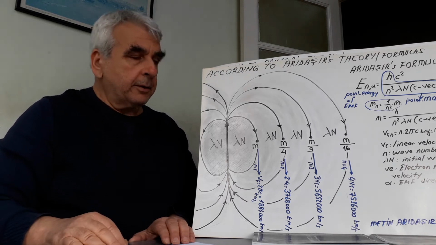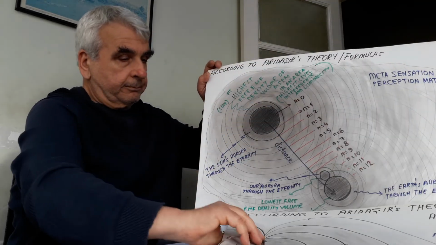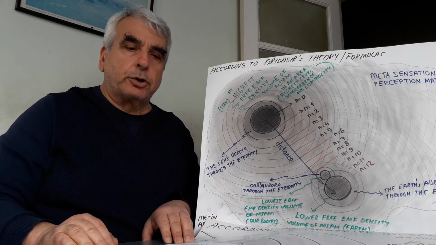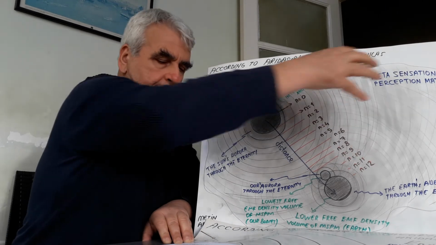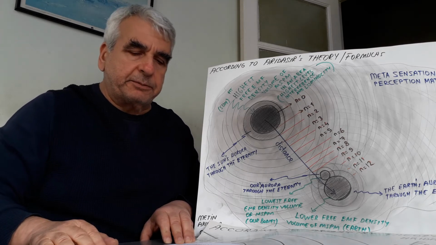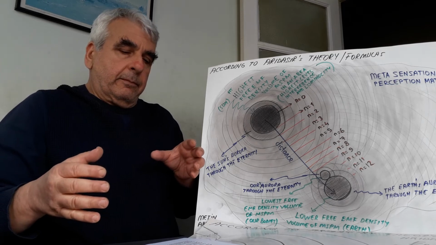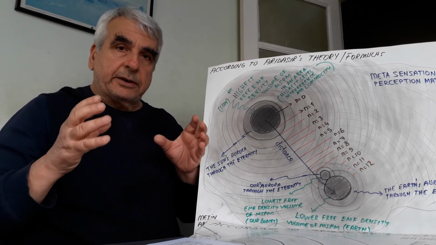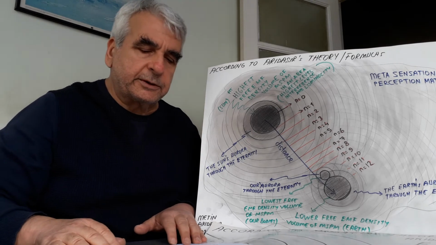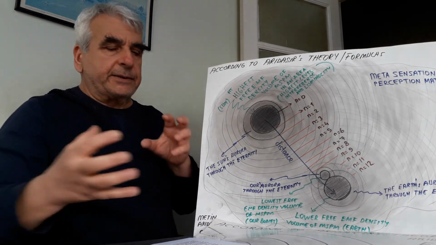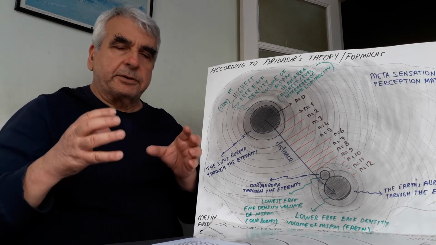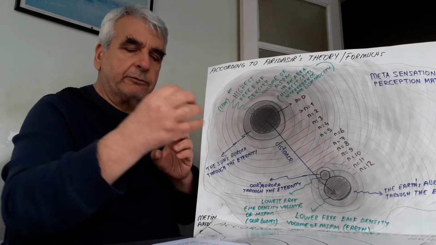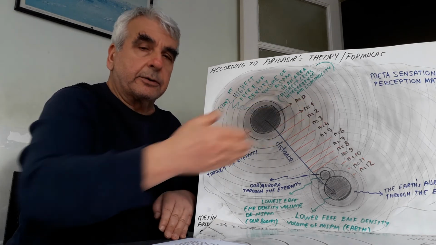9. Constructively interfered countless electron motion forms' successive waves that fill a certain volume of meta-sensation perception matter compensate the weakness of waves' point masses related to the distance and inverse square law by increasing intensity or luminosity.